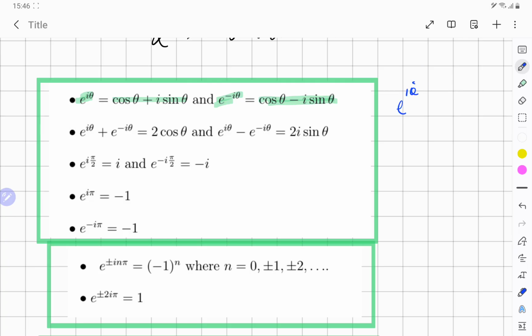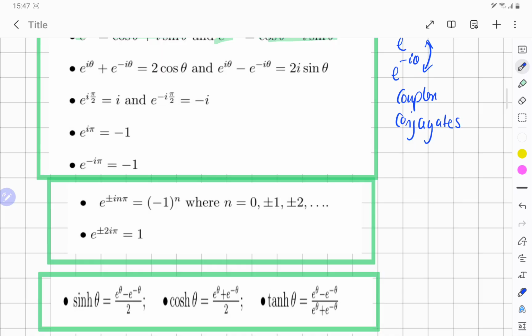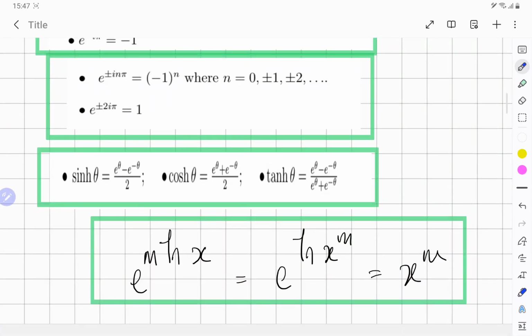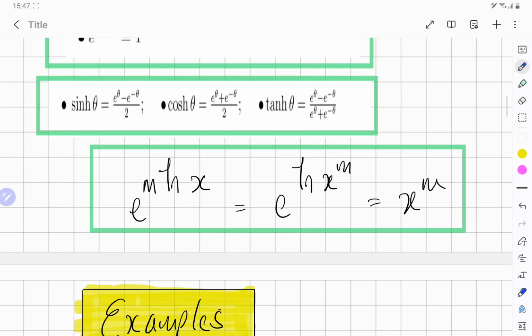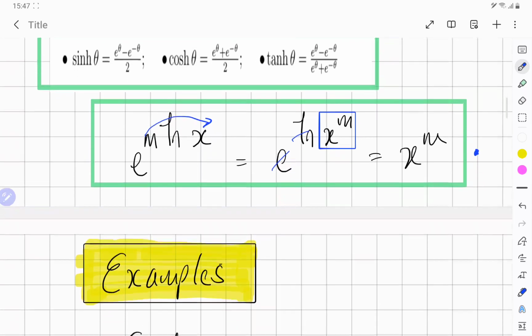Remember that e to the i theta and e to the negative i theta are complex conjugates. Just keep that in mind for later. I want you to study all these formulas, even the hyperbolic ones. And like I said earlier, the ln laws are very important, so is e to the m ln x. We take that as an exponent, and then we cancel e and ln, very important for later.